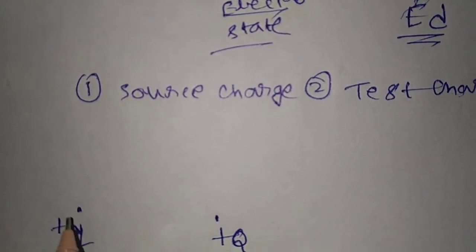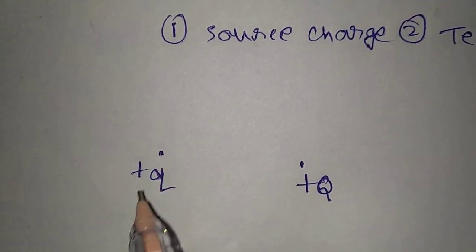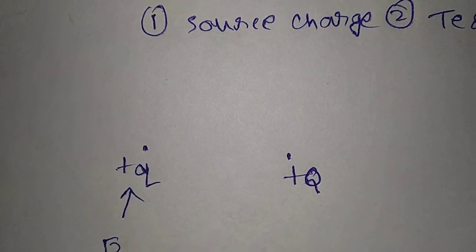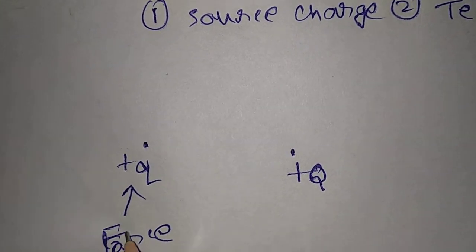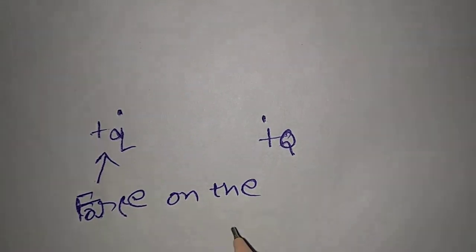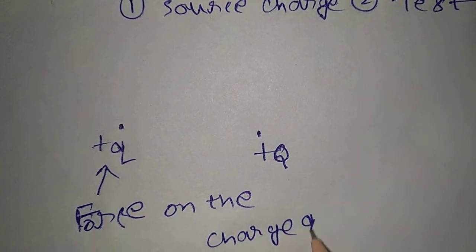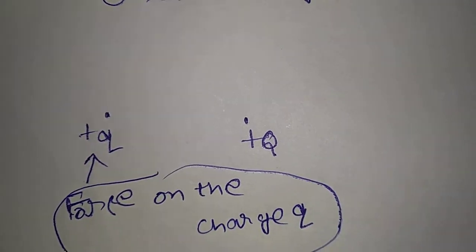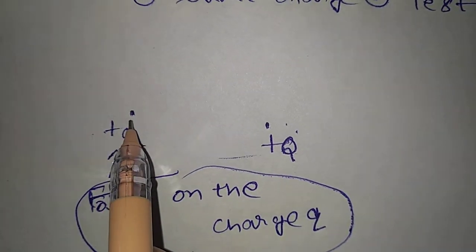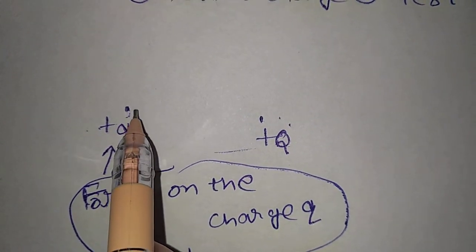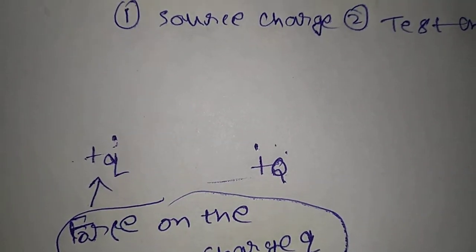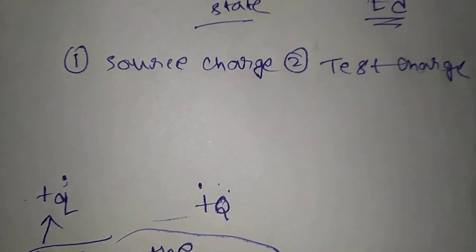So we have to calculate the force on the charge small q due to this capital Q. So if we have to calculate the force on small charge q due to this capital Q, then we are coming to the definition of source charge and test charge.